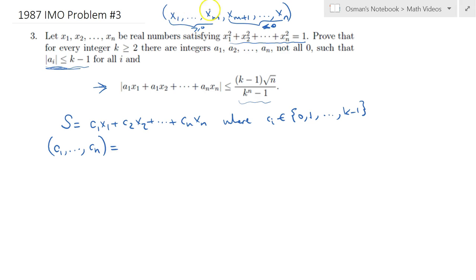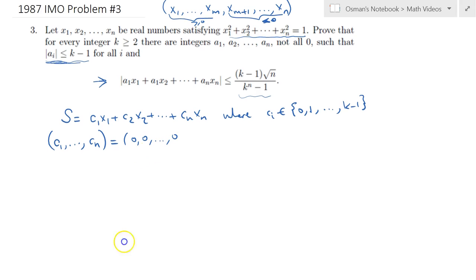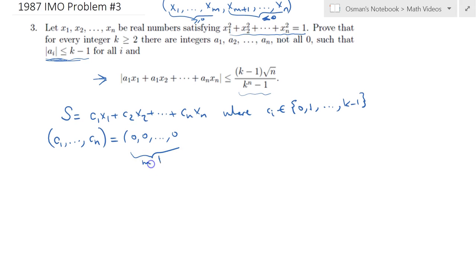Because the first m terms of this x sub i sequence are all positive, I first need to set all of them as 0 for the first m terms. And then afterwards, I will have to set them at the maximum attainable level, which is k minus 1 each. So for terms m plus 1 through n, we would have set them.